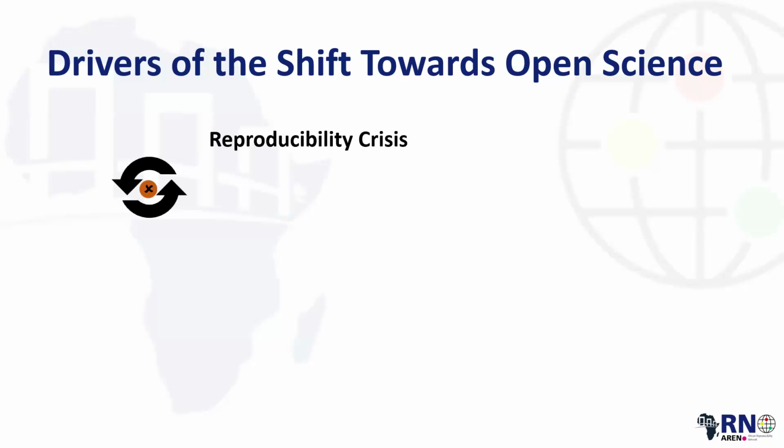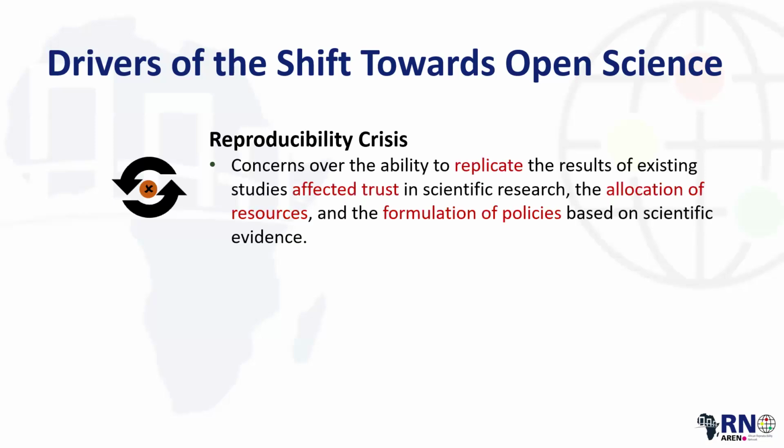The very first trigger that led people to think we need to think more openly is the reproducibility crisis. Researchers were trying to take studies that were already published and replicate them, do them again, and they wound up not reaching the same results.